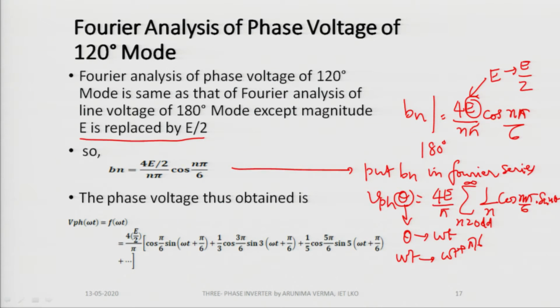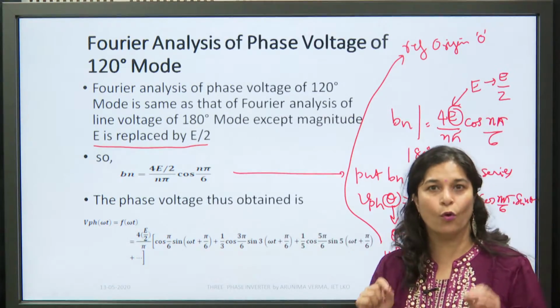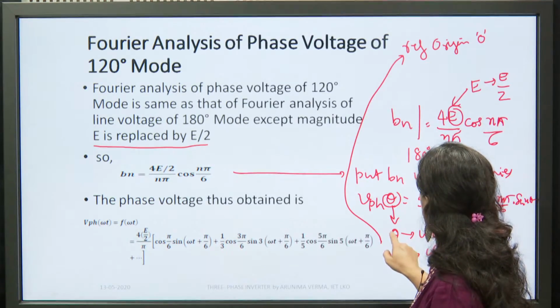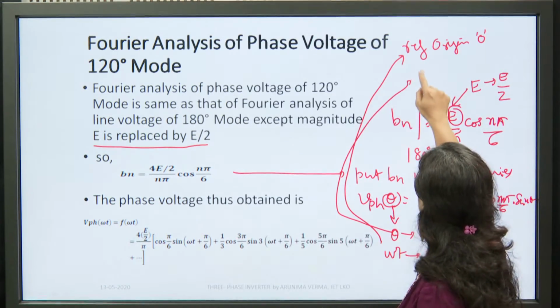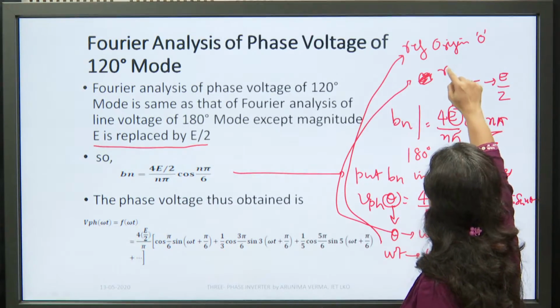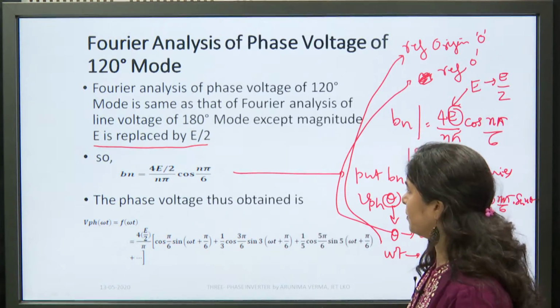So, omega t plus pi by 6 is basically here with reference O as origin, whereas in this case omega t with theta equal to omega t, the reference was O dash. Only this much you have to keep in mind.